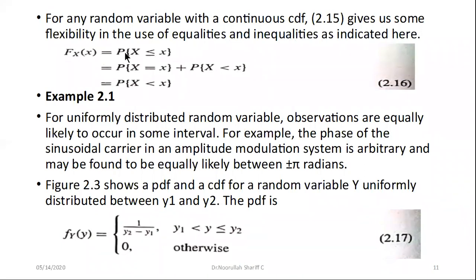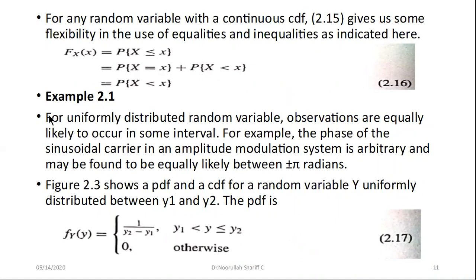So F_X(x) is equal to P of X less than or equal to x, and this can be divided into two parts, X equal to x and X less than x. Both together give less than or equal to. And the first is 0. Since this is 0, only this remaining term is what is there. So this becomes equal to this in the continuous distribution case.